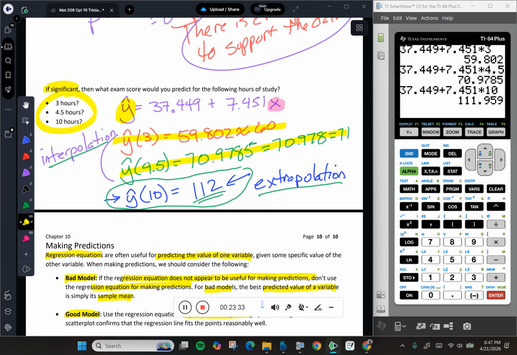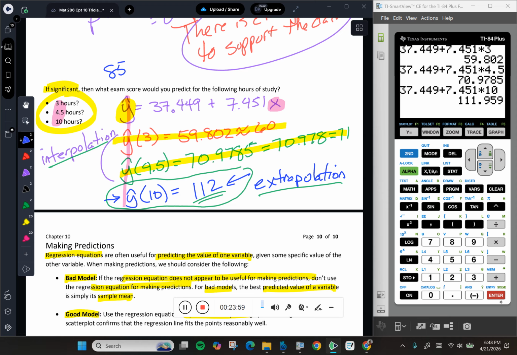Now I want to point out something back up here. All of these examples I did were: give me an X, find me a Y hat. Could we turn that around? Could we take a Y hat and work backwards to find an X? Like, let's say that I wanted to get an 85 on the exam.